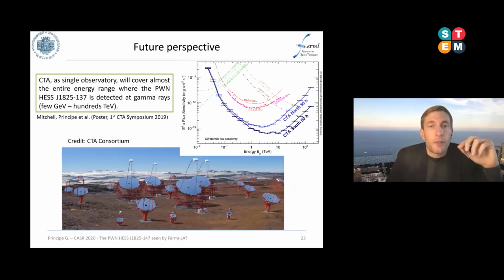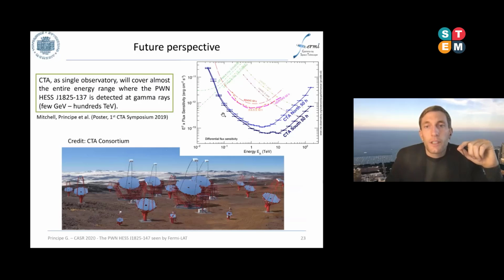So for future perspective, after Fermi and the other Cherenkov telescopes, CTA will be the next biggest observatory in gamma rays, which will cover as a single instrument the energy range starting from a few tens of GeV up to hundreds of TeV.